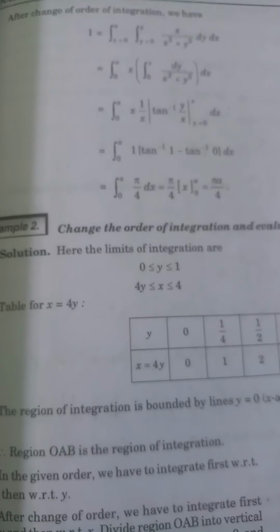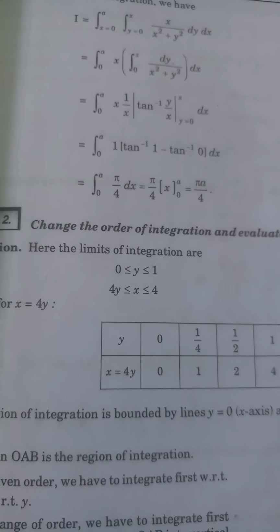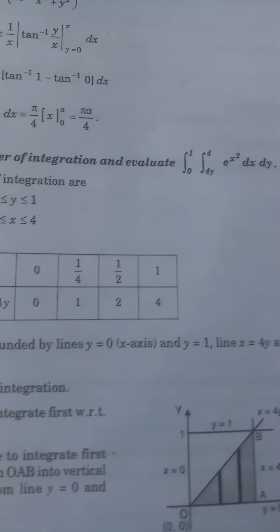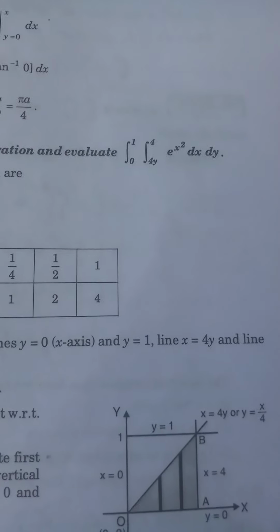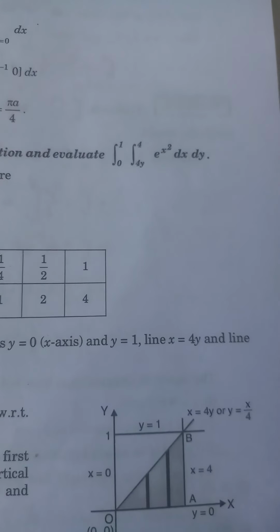Table for x = 4y. Change the order of integration and evaluate the integral 0 to 1, integral 4y to 4, e to the power x squared dx dy.